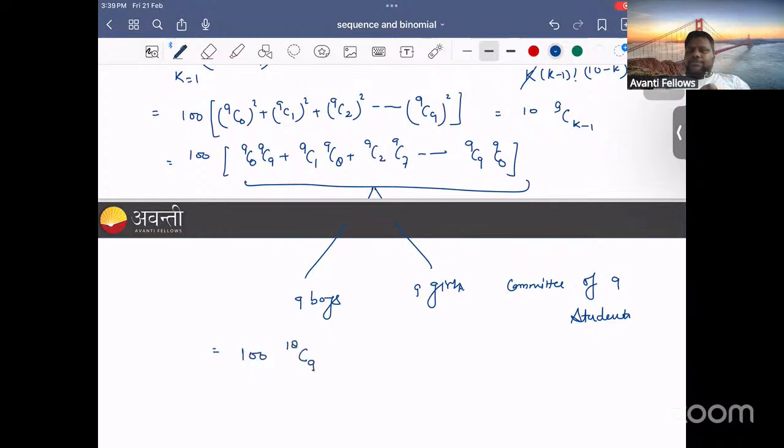Tell me yes or no? 100 times 18C9. That means out of total 18 students, you have to select finally 9. Got it? So it is 100 times 18C9.